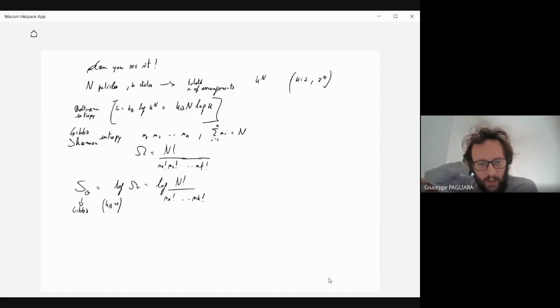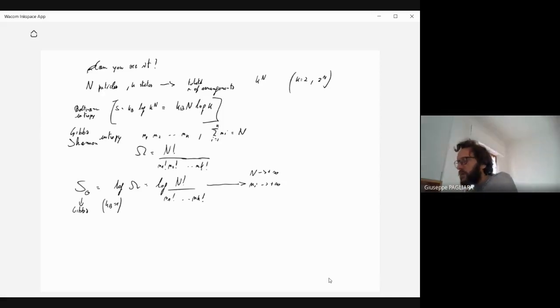And then we said, okay, if I take the limit of large n and of n_i to plus infinity, so a large number of particles, then we get what actually is considered to be the definition of the Gibbs or Shannon entropy, which is S_G equal to minus n sum from i to k of p_i log of p_i, where p_i is n_i divided by n.